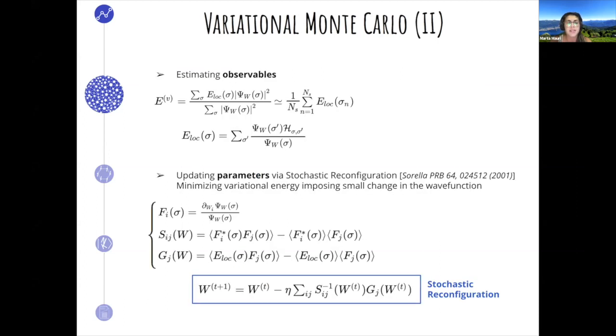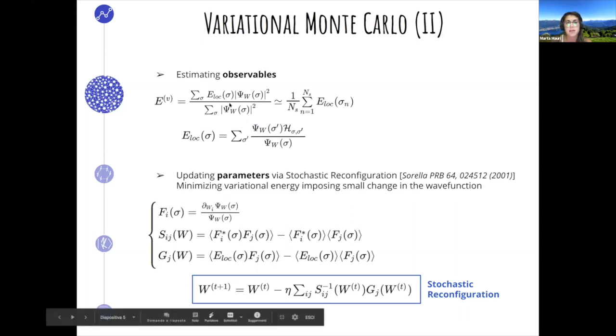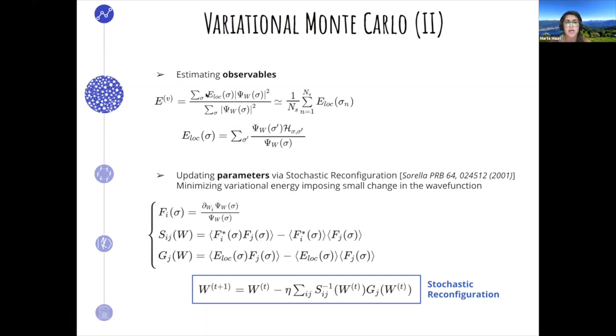So here is, in a nutshell, some of the analytic formulas that we can use for the variational Monte Carlo method. We have these local observables that can be used to estimate stochastically the relevant observables, and then specifically for the optimization of the parameters in our project, we use the stochastic reconfiguration method that we have already seen in previous talks at this conference.